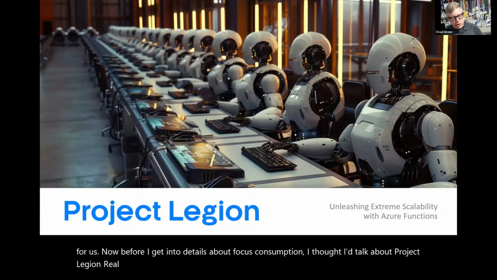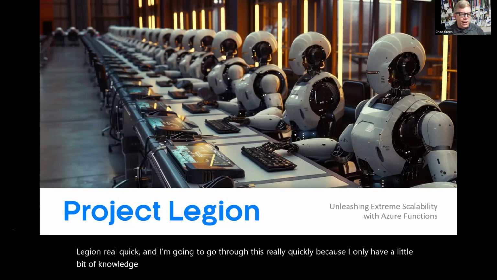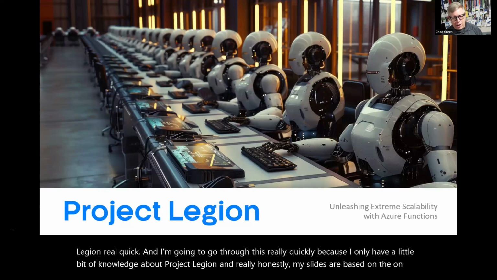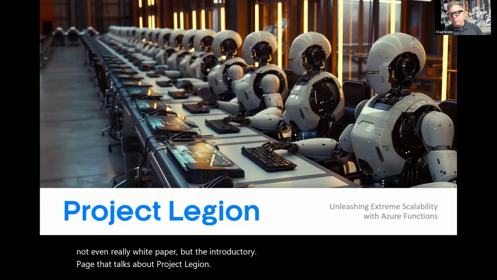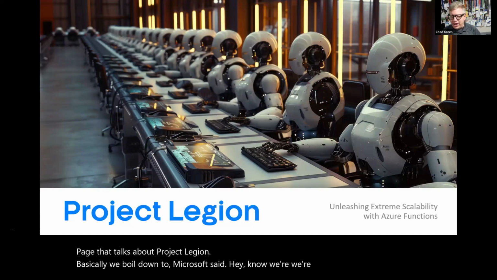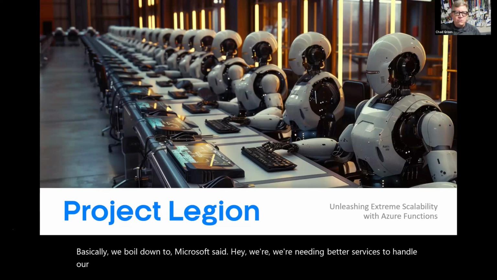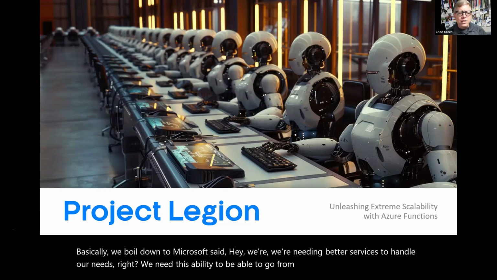I'm going to go through this really quickly because I only have a little bit of knowledge about Project Legion. Honestly, my slides are based on it's not even really a white paper, but the introductory page that talks about Project Legion. Basically what it boiled down to is Microsoft said, hey, we need better services to handle our needs. We need the ability to go from 0 to thousands of instances, and we need a better way of doing that.